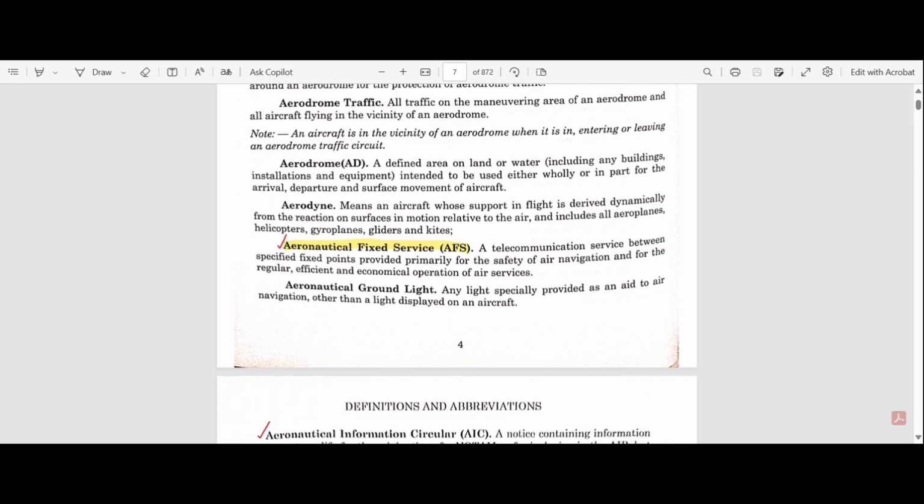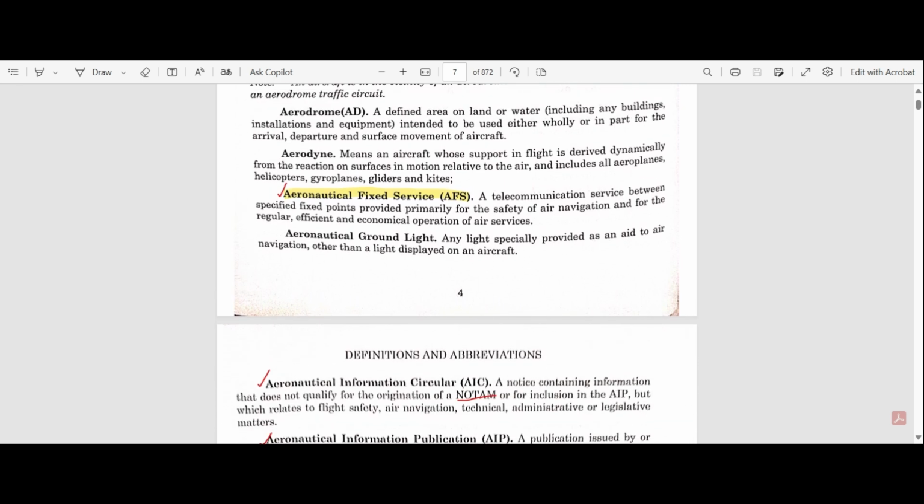The next is aeronautical fixed service, AFS. It is a telecommunication service between some specified fixed waypoints which is primarily provided just for the sake of safety of air navigation and for the regular, efficient and economical operation of the air transport services.